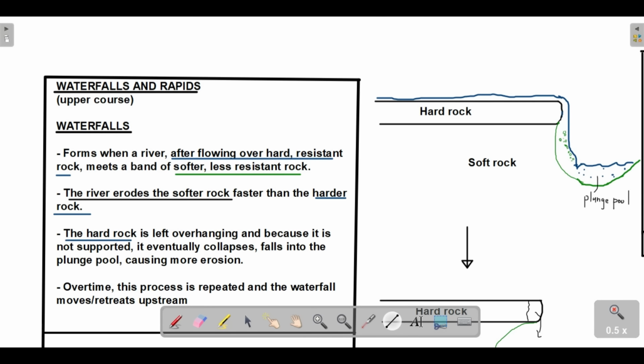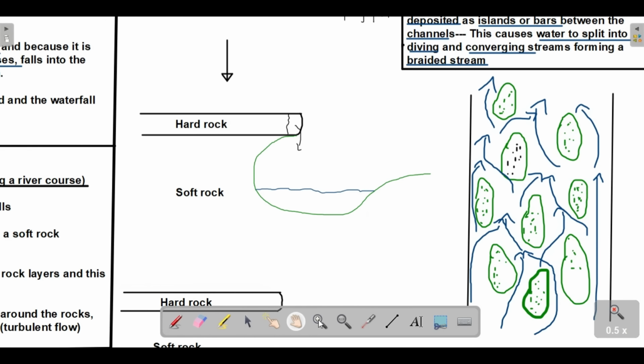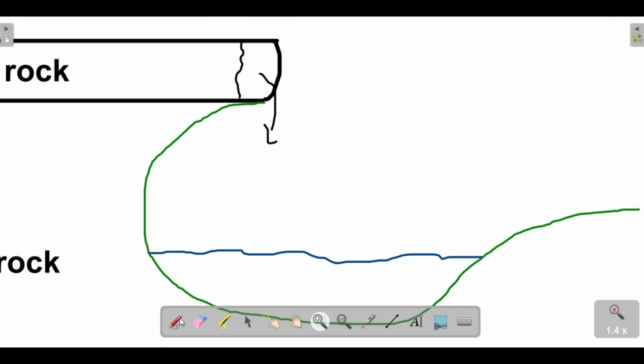The harder rock is left overhanging, and because it is not supported, it eventually collapses. So you will have this piece right here falling into this plunge pool.